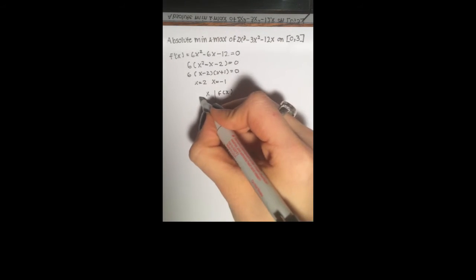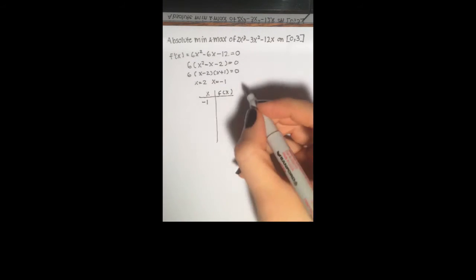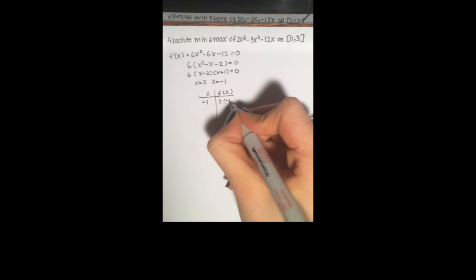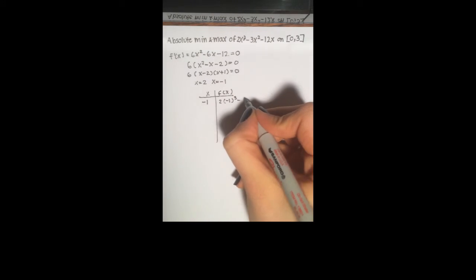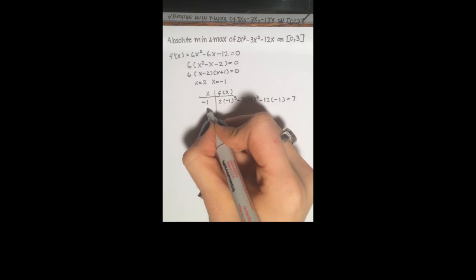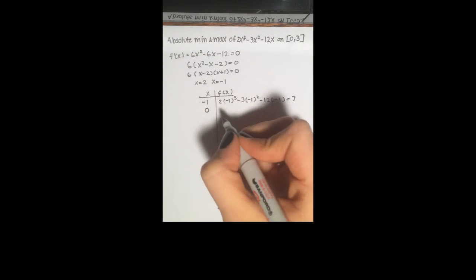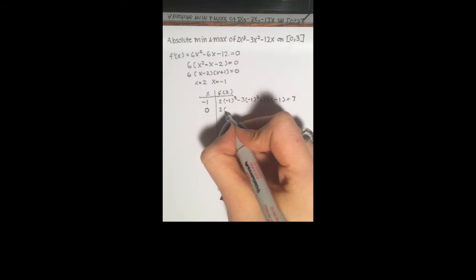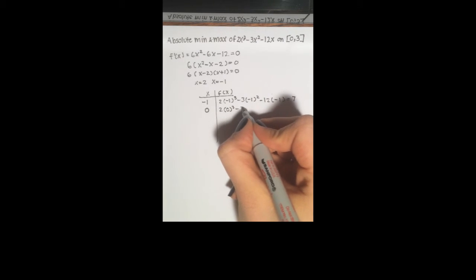We're going to start with negative 1 since that's our first critical point and plug that into the original function. And that is equal to 7. Then we're going to plug in our first endpoint, which was 0, into the original function.